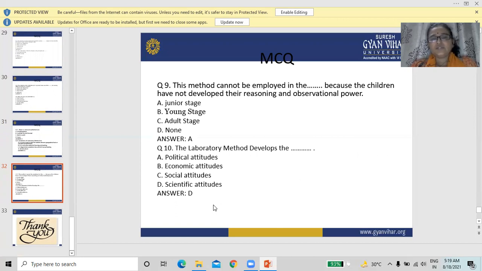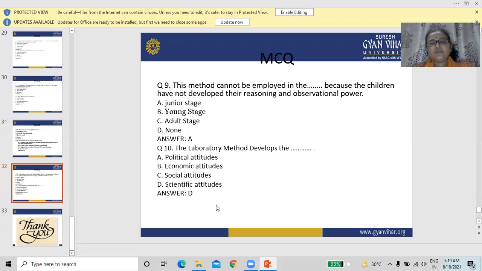Option C, adult stage. Option D, none of the above. Correct answer is option A, junior stage. This method cannot be employed in the junior stage because the children have not developed their reasoning and observational power.